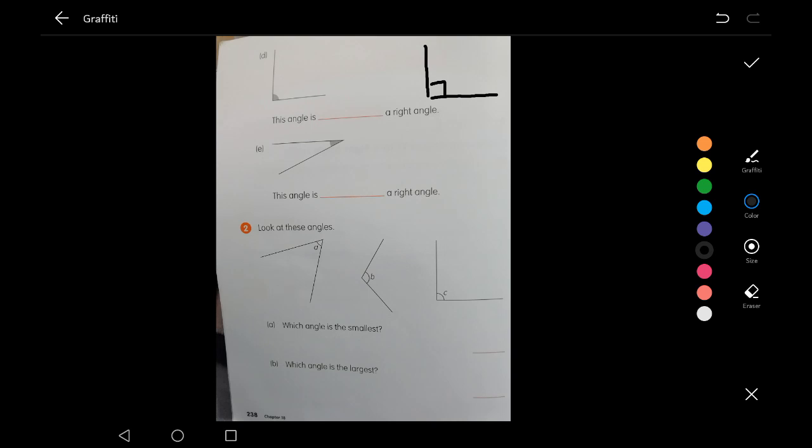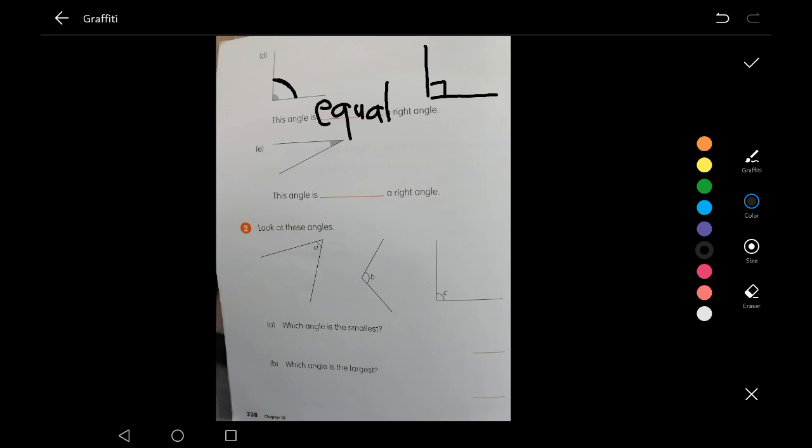So let's move on to D. Is it greater, smaller, or equal to a right angle? What do you think? The amount of turn here. It is equal. Good job. So what do we call this type of angle? We call it a right angle.